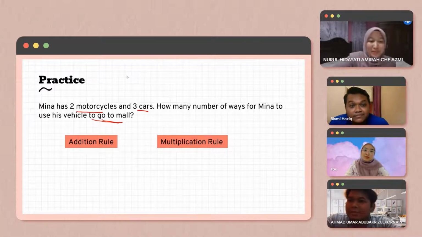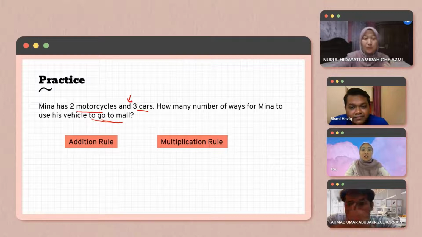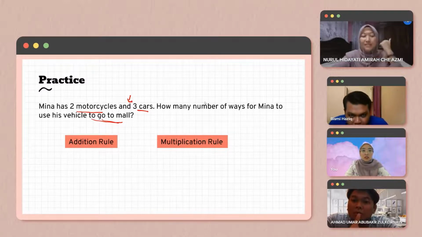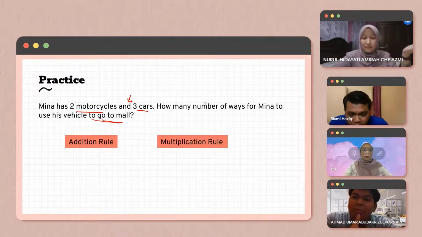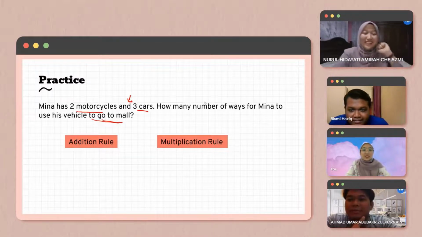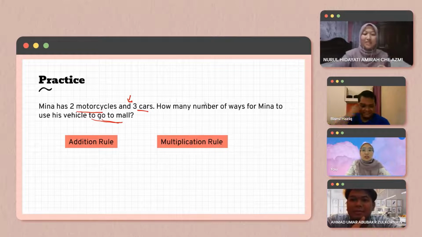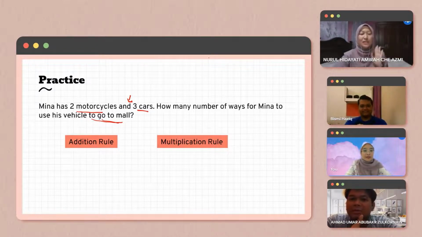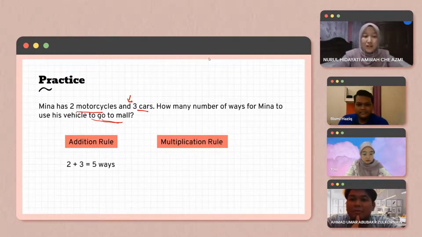Actually, you got tricked with this word, I think, because it says that Mina wants to go to the mall using only 1 vehicle. So Mina has 5 choices: the first motorcycle, the second motorcycle, first car, second car, and the third car. We need to see the word, right? So we just need to add, which is 2 plus 3, which is 5.